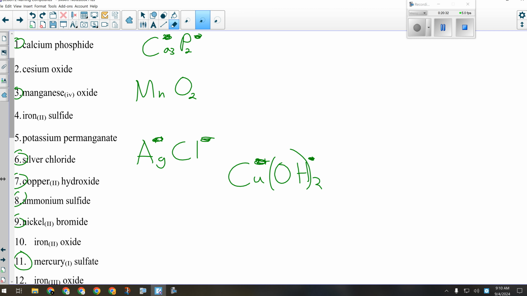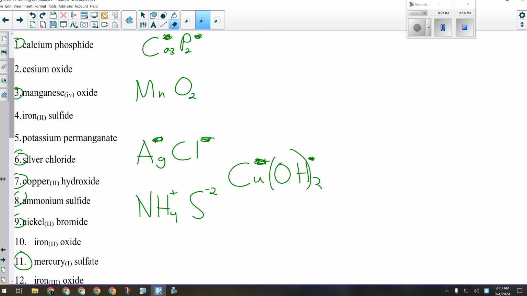Number 8 is kind of the tricky one because it's going to involve ammonium, which is the only polyatomic ion on your chart that acts like a metal. It's the only one that's positively charged. Doesn't mean I do anything different. I'm going to have ammonium, which is NH4, and has a +1 charge, and it is with sulfide, which is in group 16, where everything has a -2 charge.